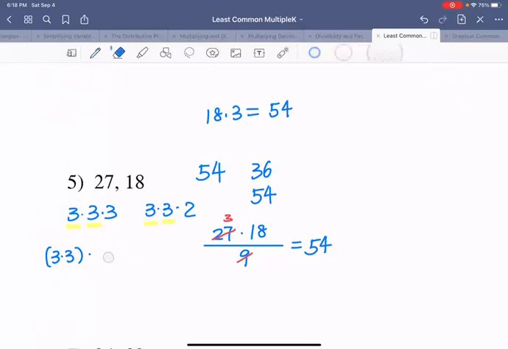Hey, hold on. Correct? Does this make sense to you? You like this way of finding the greatest common factor, and then using this way to do the least common multiple?